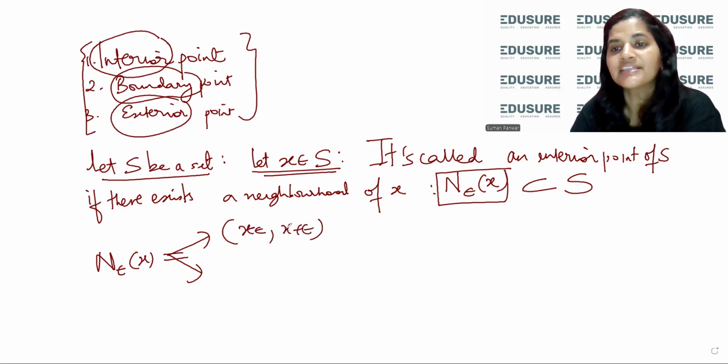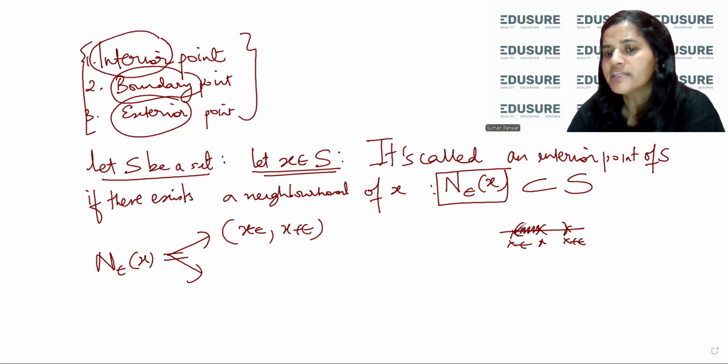So this is the interval X minus epsilon, X plus epsilon. This is a neighborhood of X. So this is X, this is X minus epsilon, this is X plus epsilon. So in one dimension, this particular open set is a neighborhood of X.